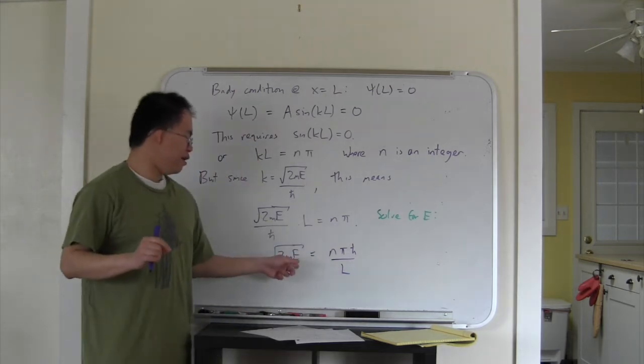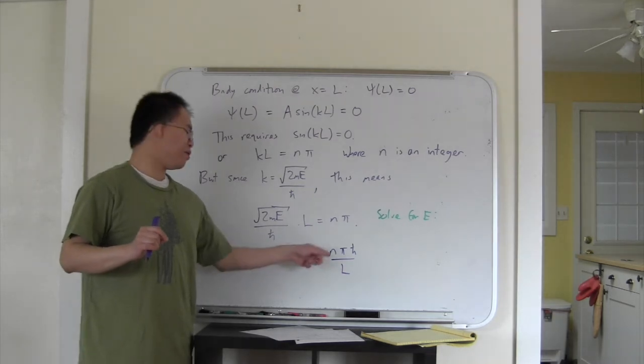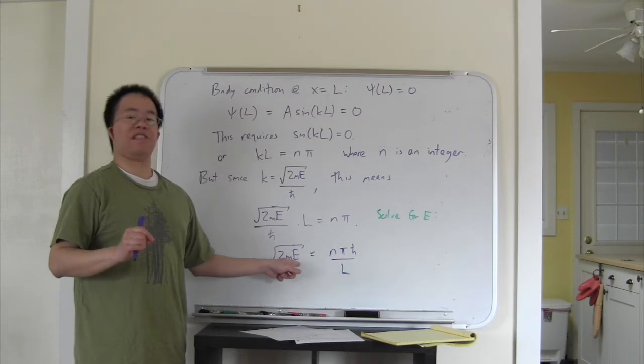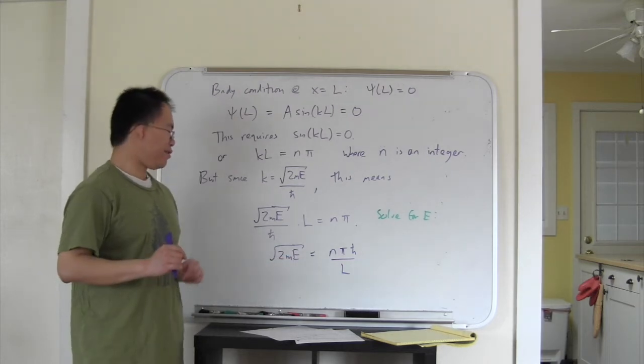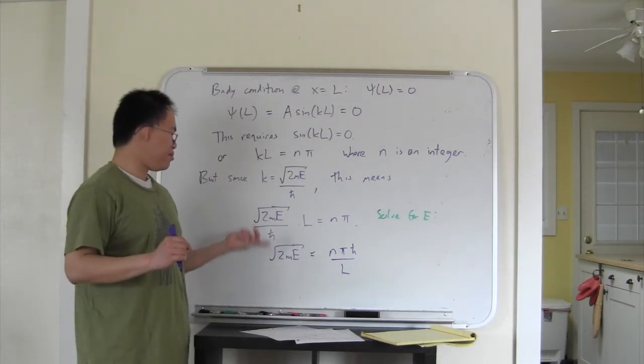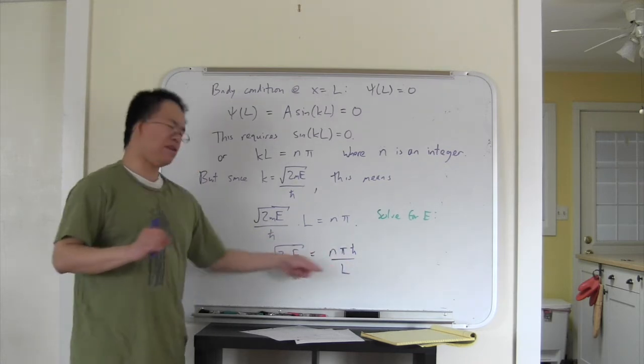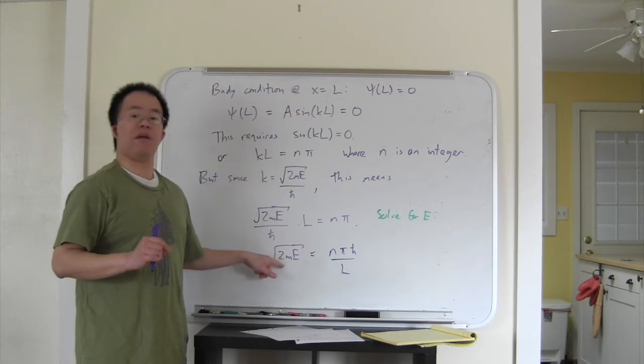Since my energies E are going to be associated with an integer n, I'm going to label this as E sub n. I'll skip a step here, but I think you can see what I would do next. I'll just square both sides of this equation, and then I can divide by 2m.